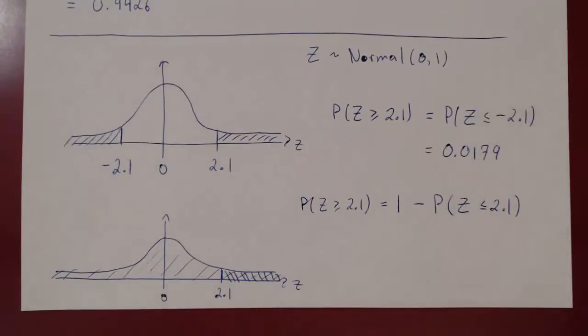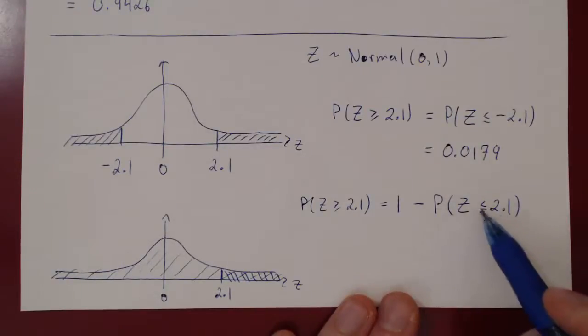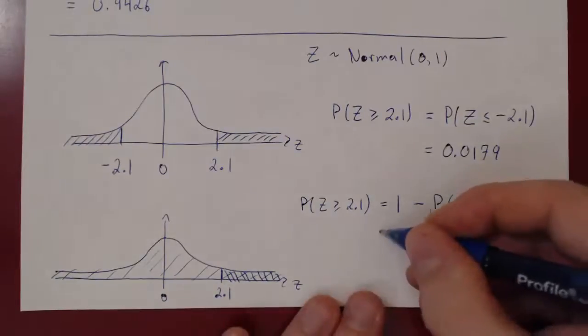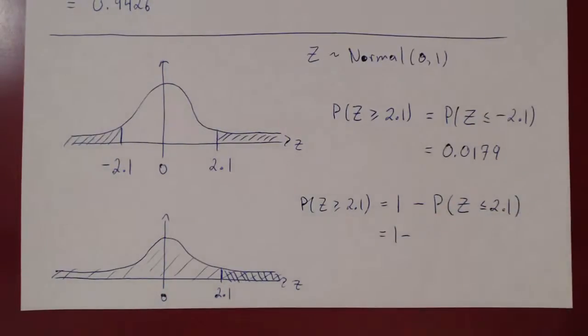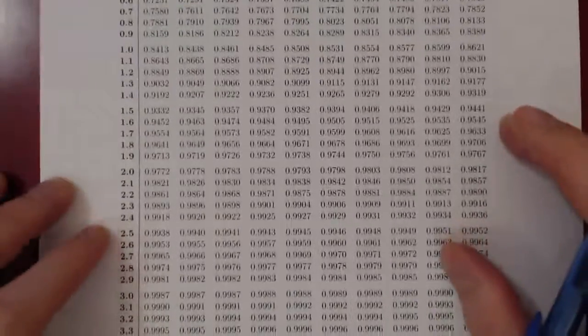And now once again, you can read this from your table. It is the probability that Z lies to the left of a given Z score. Because the Z score is positive, we use the second side of our distribution table, and we're looking to the left of 2.1. So we find our Z score, right?